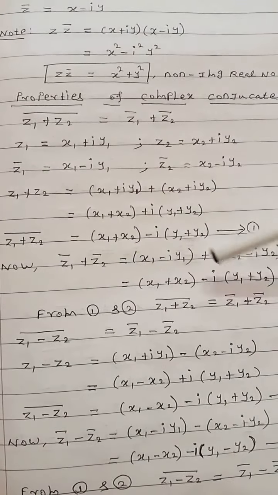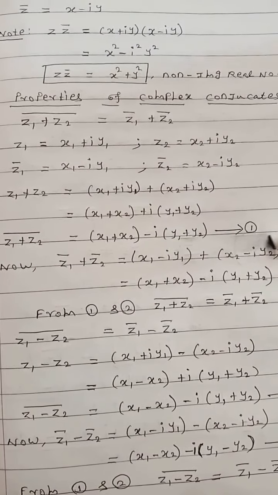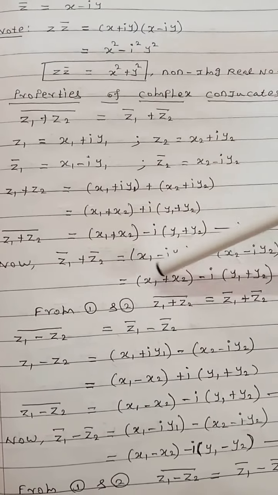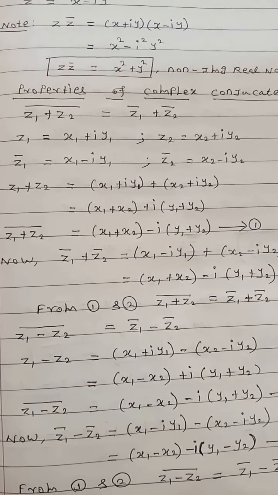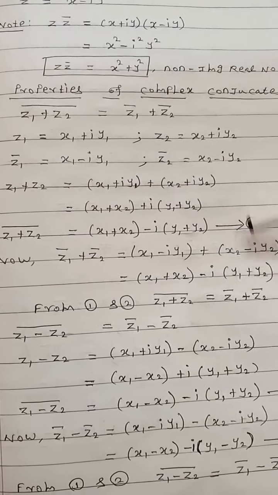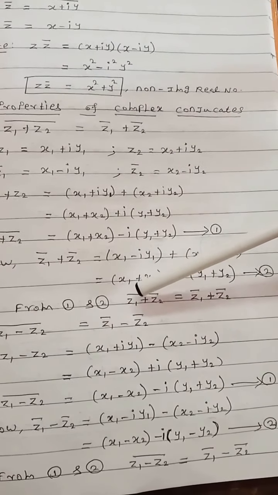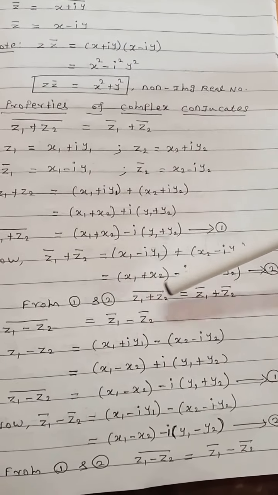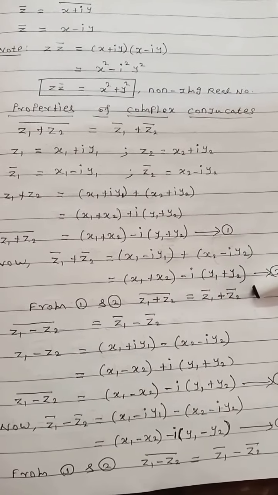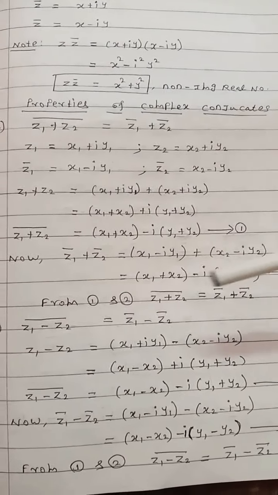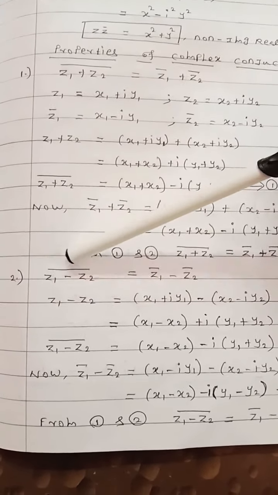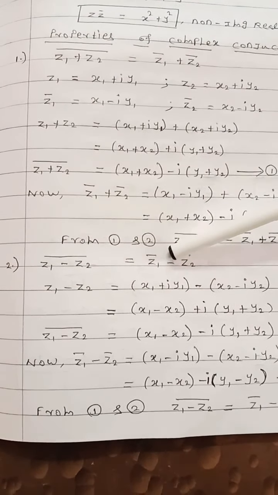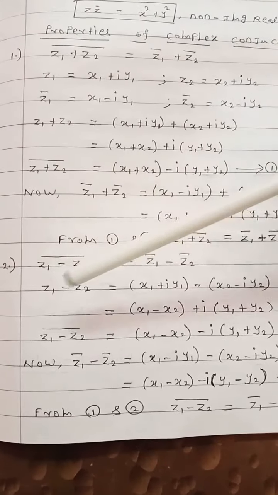So x1 plus x2 is the real value, minus i into y1 plus y2. Mark this as equation 2. Comparing 1 and 2, we get z1 plus z2 whole bar equal to z1 bar plus z2 bar. Hence the proof.